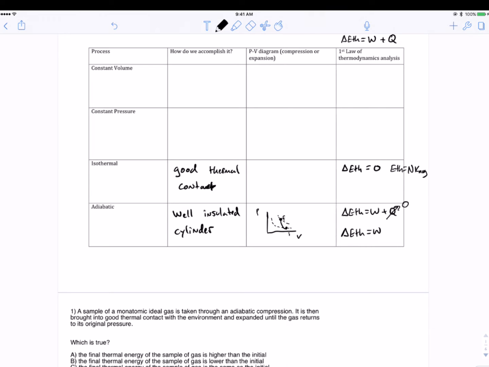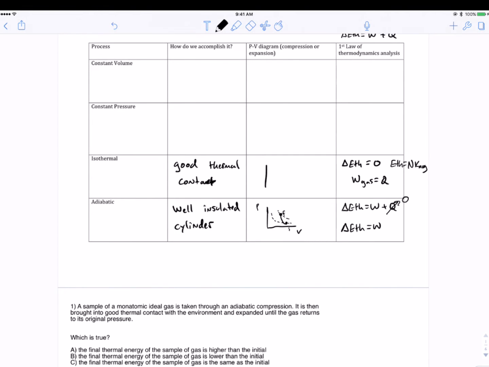So if delta E_th equals W, or equals 0, then W gas will equal Q. So we can just go ahead and draw out this PV diagram. And this time, we know it's just going to stay right on that isotherm.